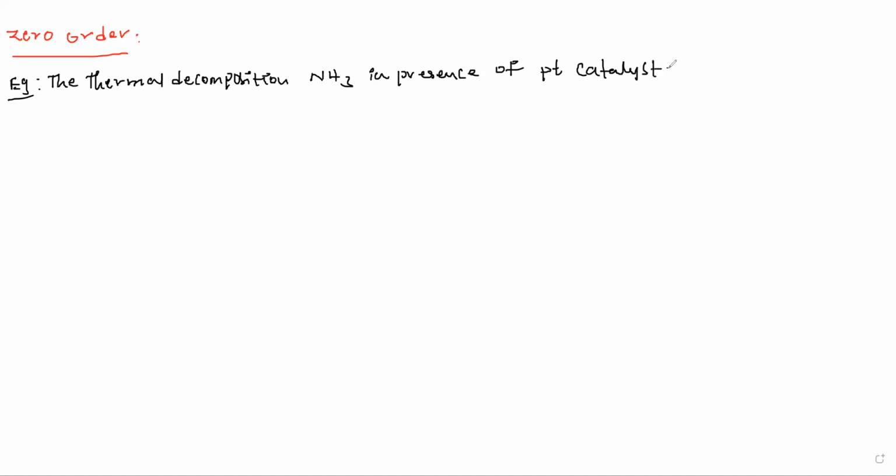So that is 2NH3 in the presence of platinum catalyst giving N2 plus 3H2. Okay, this is a zero order reaction.